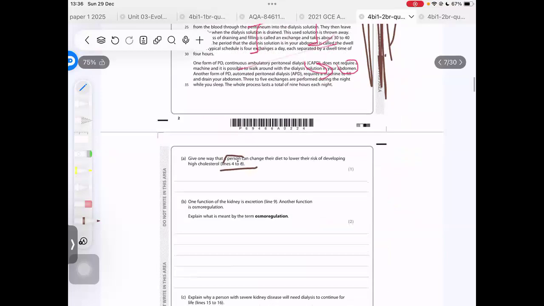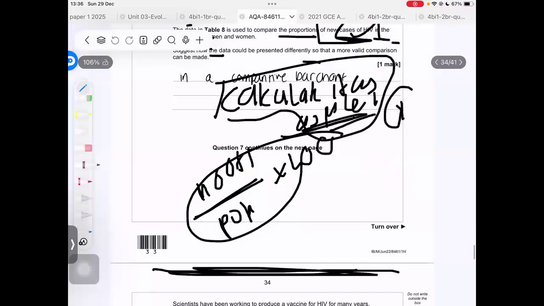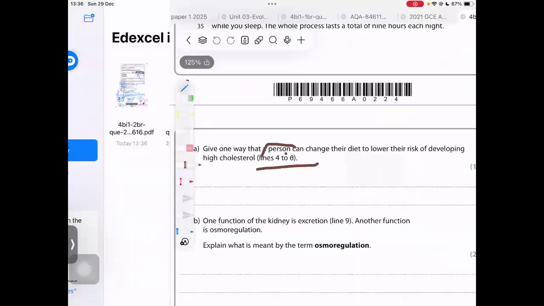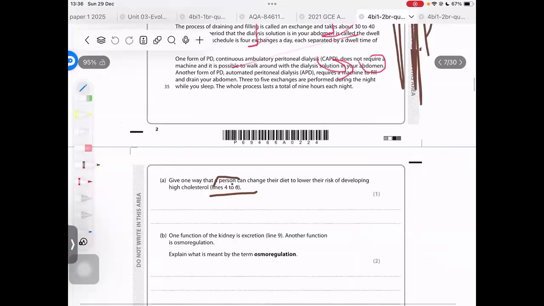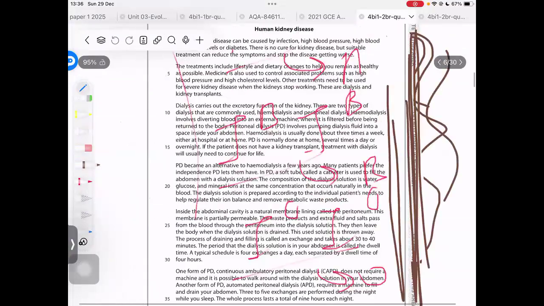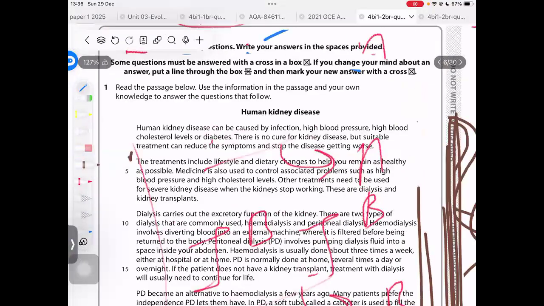Now you can see they have asked us, give one way that the person can change their diet to lower their risk of developing high cholesterol. They have asked from line 4 to 6. You can see this is line 4 and this is line 6.